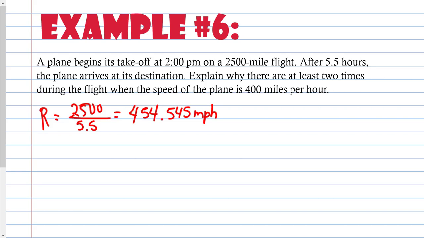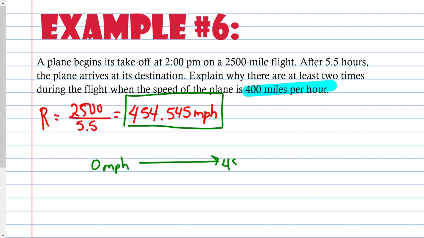Now, it says why were there at least 2 times during the flight when the speed of the plane is 400 miles per hour? Okay, so now let's think about this logically. Ideally, when the plane takes off, it starts at 0 miles per hour, right? Now, at some point, it clocked 454.545 miles per hour. And then, of course, when it lands, the plane needs to go back to 0.